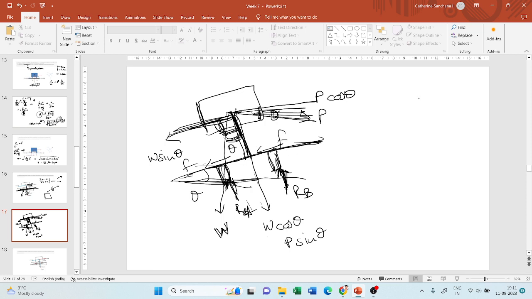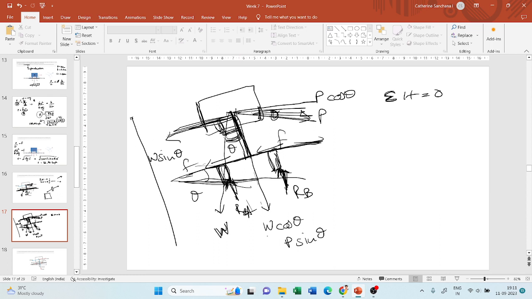Now in order to find out what can prevent skidding, you will use the equation summation of horizontal forces equals 0. In this case, you simply have to imagine yourself, you simply have to tilt your head. This will be your page now.